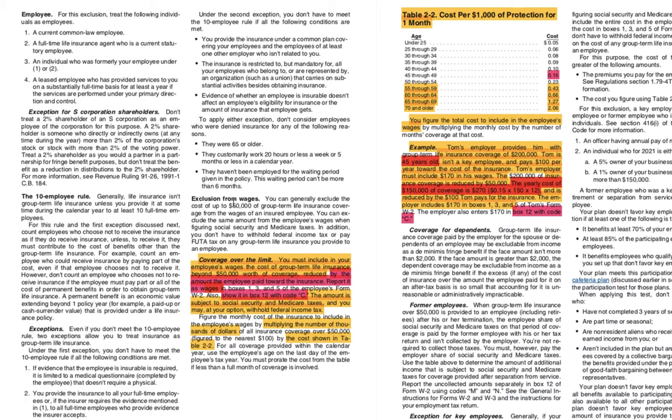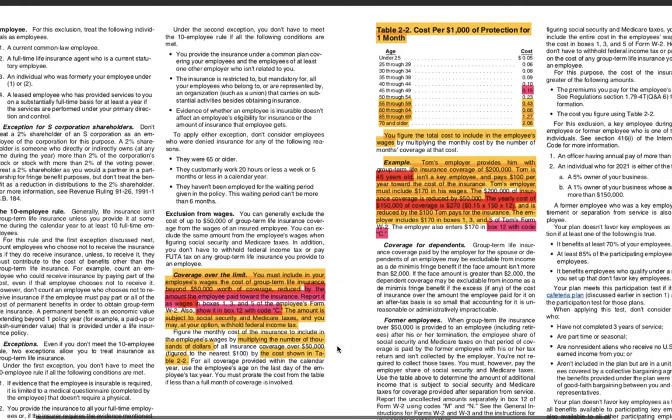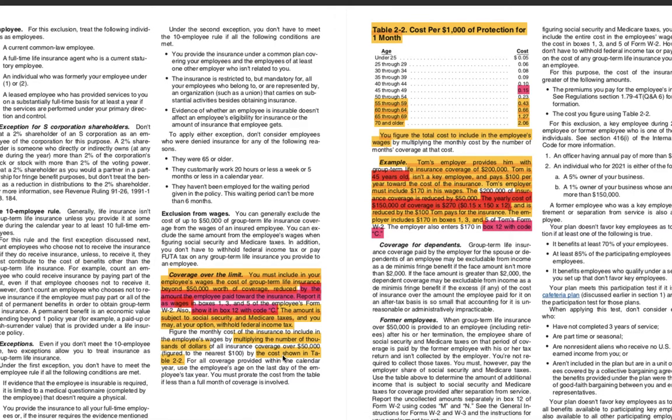Anything above $50,000 of coverage will be reported on your W-2 wage statement, in box 12, with code C. Look on your W-2 form for box 12 and code C. That will give you the taxable amount contributed by this life insurance, and really how you calculate it.